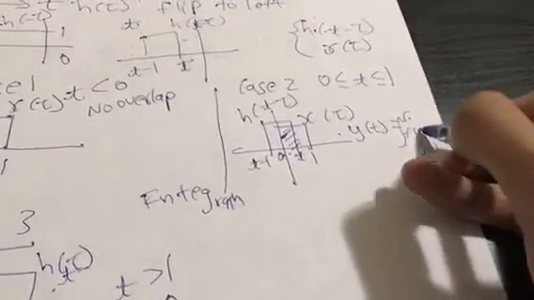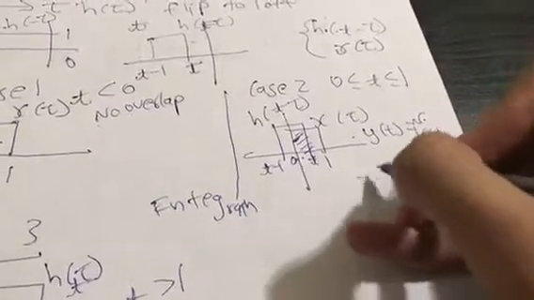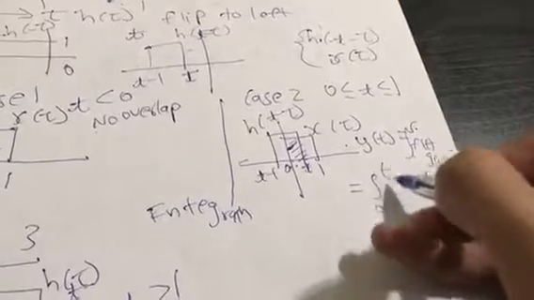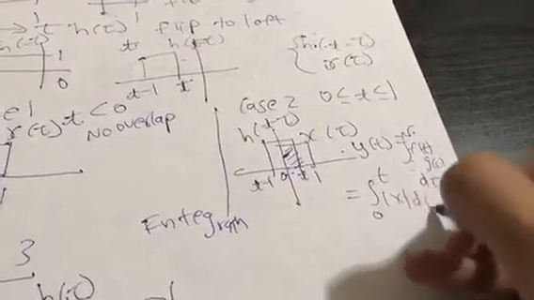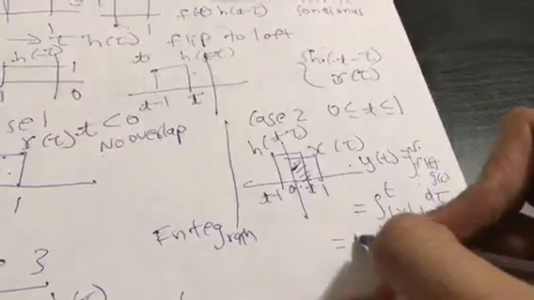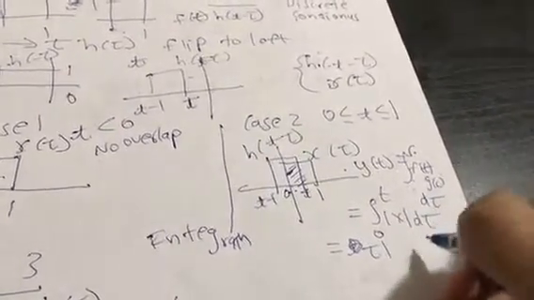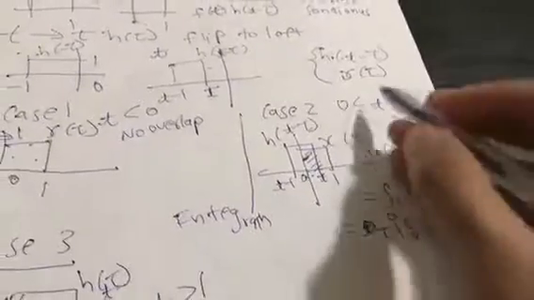Here you can see it overlaps from 0 to t, so the integration from 0 to t of 1 into 1 d tau, because both the terms are 1 here. So it will be tau from 0 to t, which is t, and this is the range.